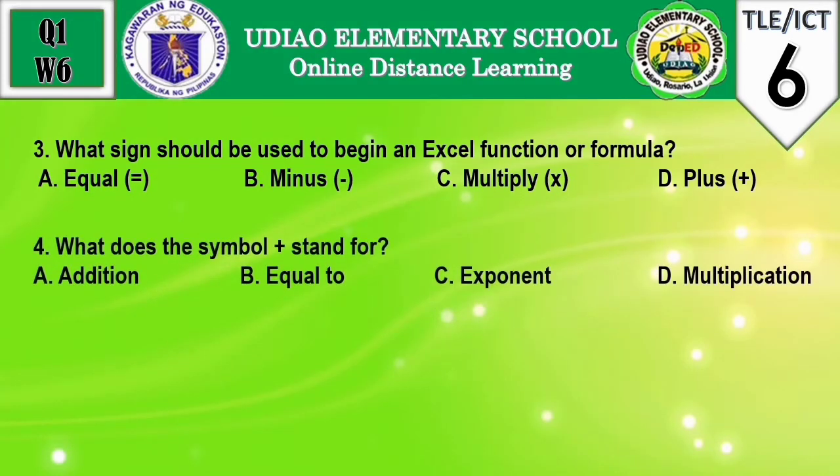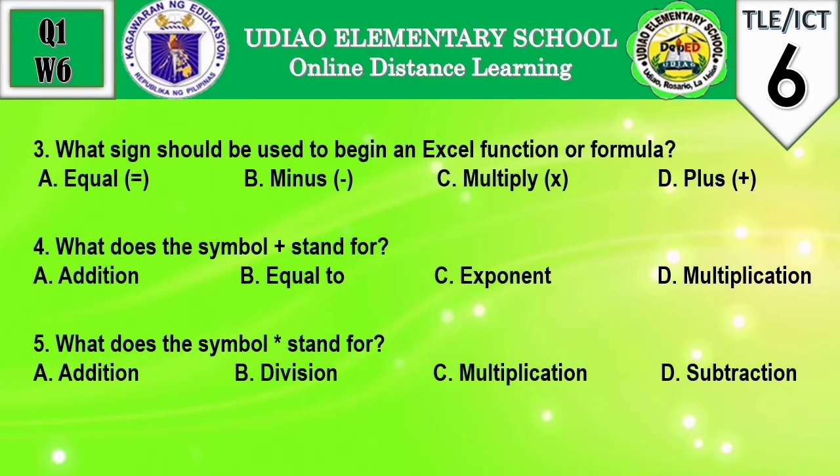Number 4. What does the symbol stand for? A. Addition. B. Equal to. C. Exponent. D. Multiplication. Number 5. What does the symbol stand for? A. Addition. B. Division.